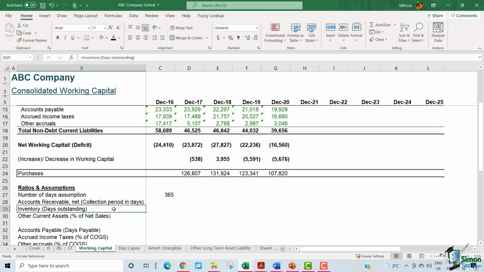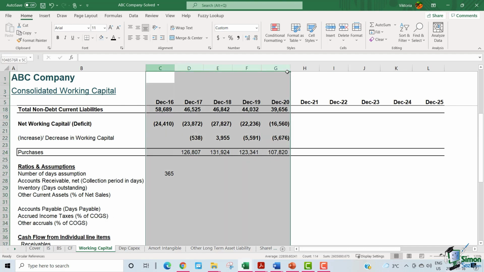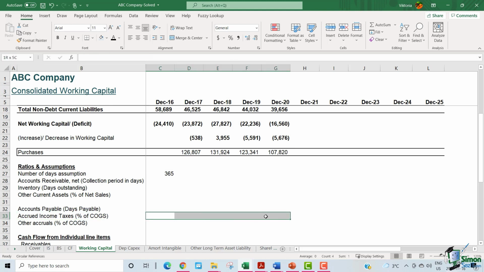For inventory, we need to understand for how long the inventory is outstanding, and for current assets, we can use the percentage of net sales as a basis. Similarly, for accounts payable, we will calculate the number of days payable from 2016 through 2020. For accrued income taxes, we will use the percentage of cost of goods sold or COGS assumption. And for other accruals, we will also use the percentage of cost of goods sold assumption.